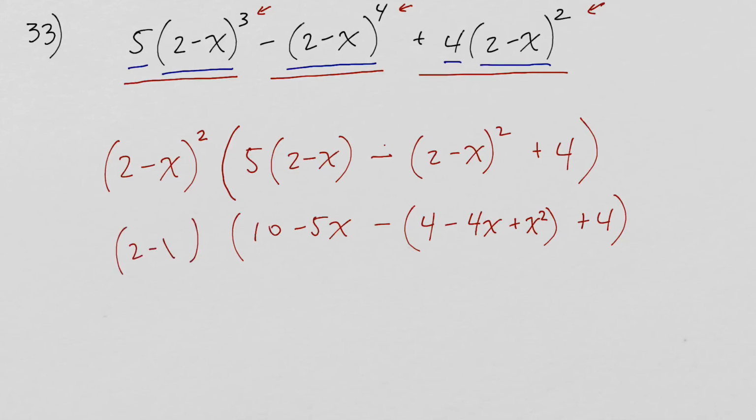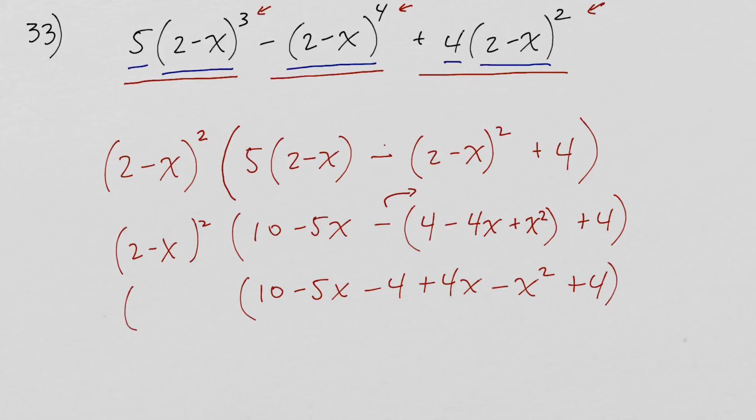Okay, so now I'm going to take this negative and distribute it through. So here I have 10 minus 5x minus 4 plus 4x minus x squared plus 4. Okay, and finally, I'm going to combine like terms. I have 2 minus x squared, and let's see, I'll just do this in order.